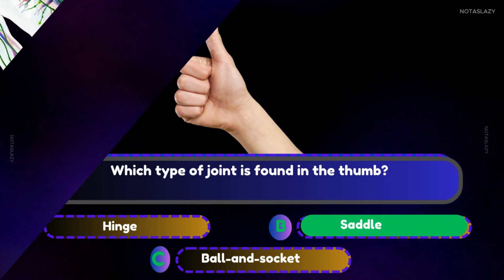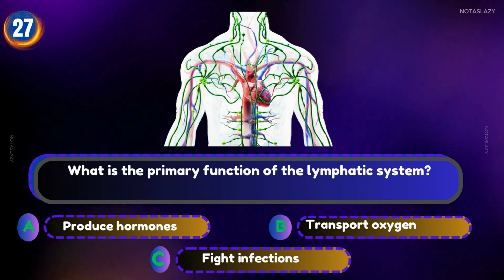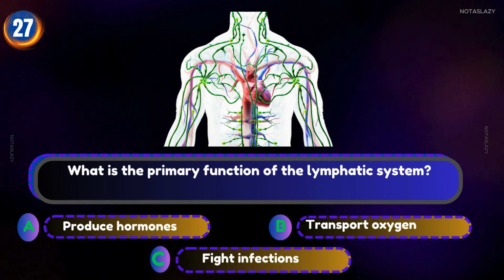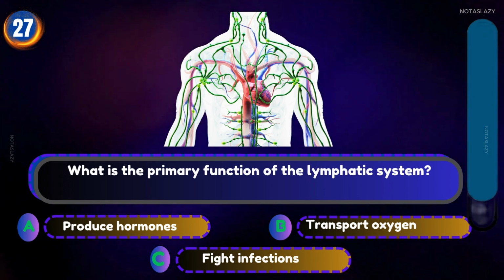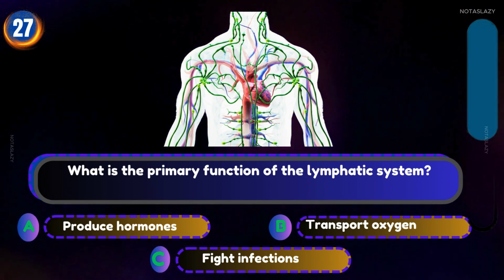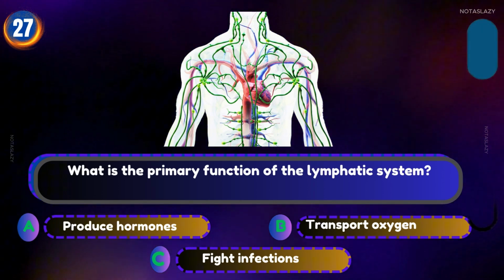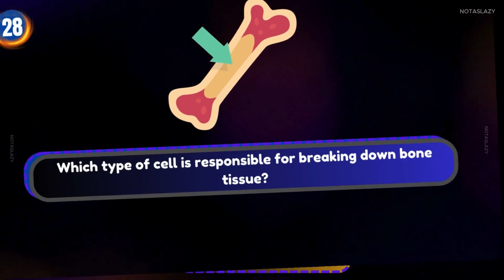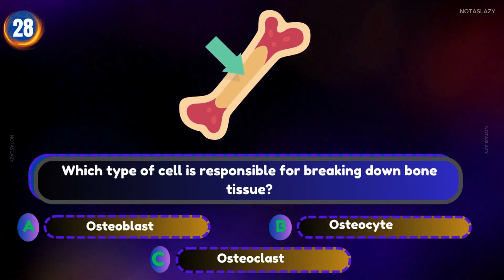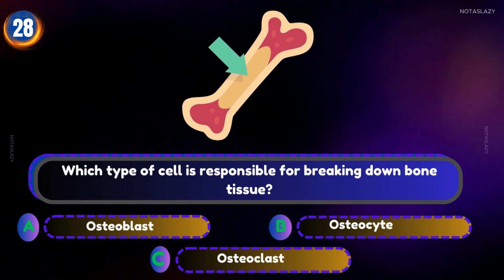Saddle. What is the primary function of the lymphatic system? Fight infections. Which type of cell is responsible for breaking down bone tissue?